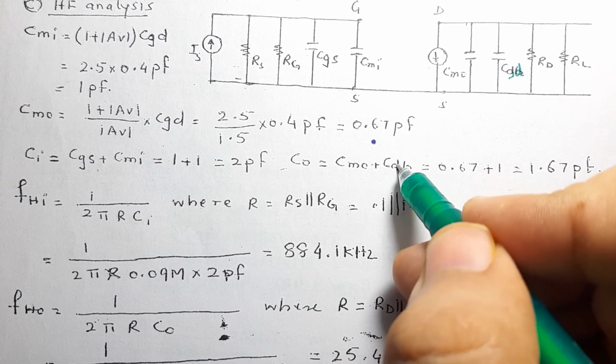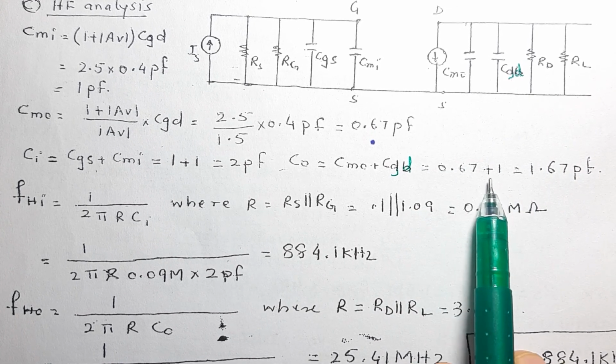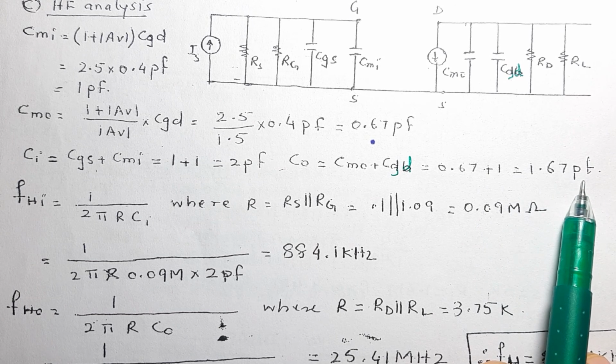Now this will be CMO plus CGD, which is equal to 0.67 plus 1, which is equal to 1.67 picofarad.